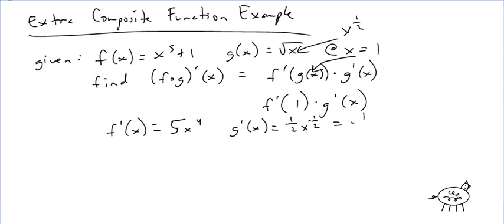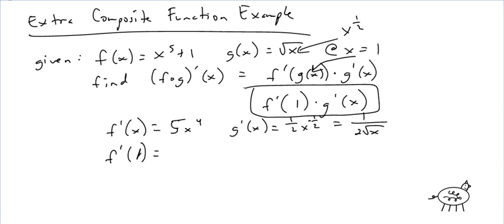Okay, or 1 over 2 times the square root of x, any way you look at it. All right, so again, we're plugging in 1, because now I'm solving for this guy right here. So f prime of 1 is 5 times 1 to the fourth power, which is 5.